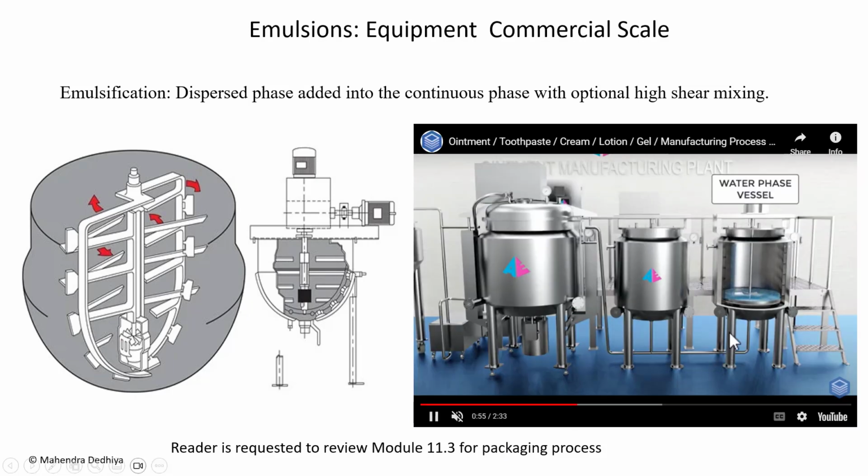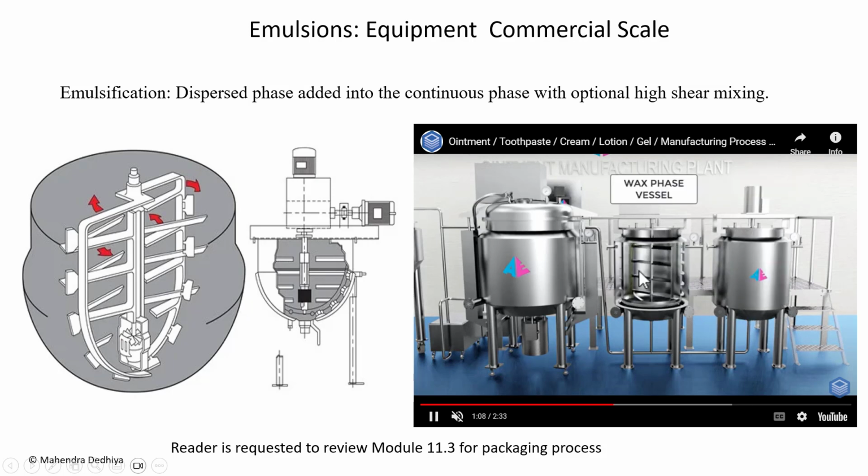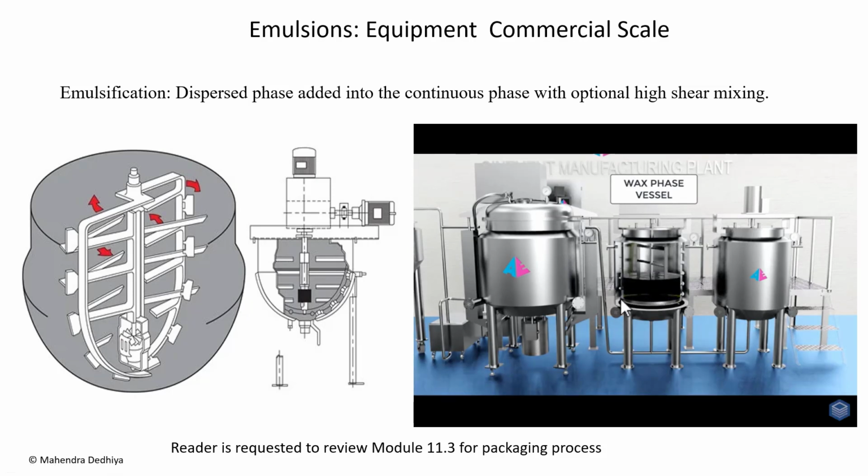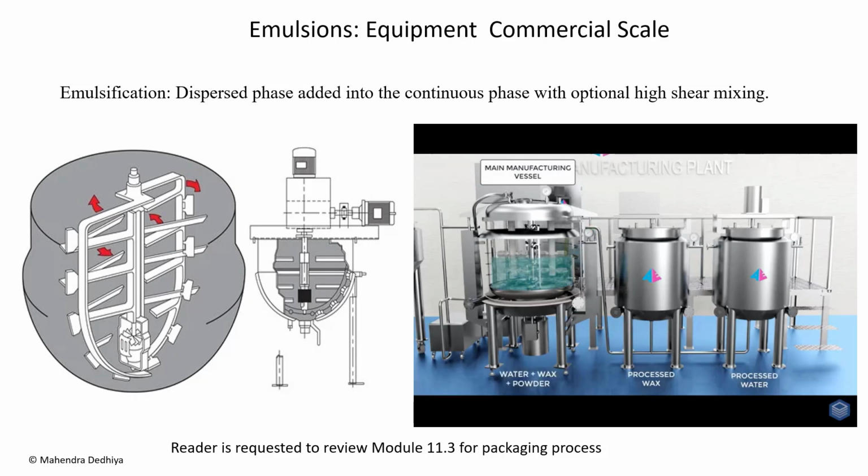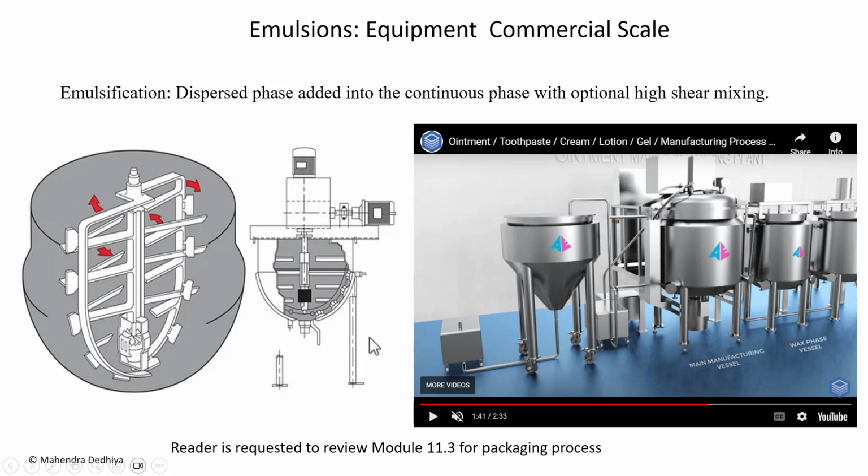For the water phase vehicle, if the materials are soluble, it's acceptable to have propeller type mixing. The wax phase or oil phase has a blade mixing. The main mixer has a complex mixing system to emulsify materials. 300 kilos would be a manufacturing size.